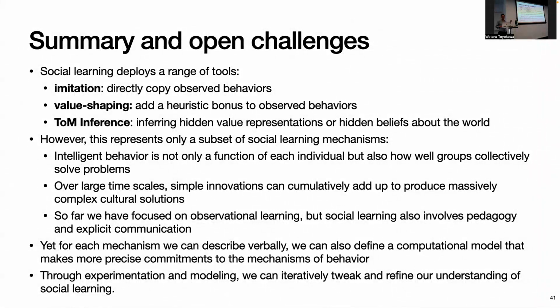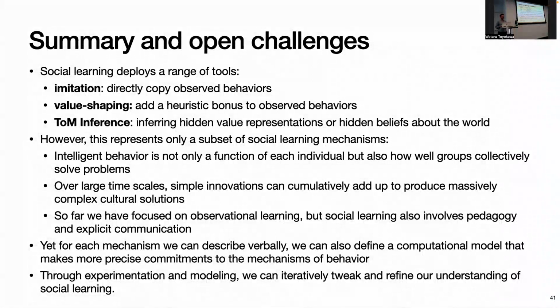Yet for each of these mechanisms that we can describe verbally, that I'm doing right now, we can also define a computational model that captures them. And these computational models provide more precise commitments to the mechanisms of behavior that we're really trying to assume. And so this is the real advantage of modeling, right? We're taking vague verbal theories and defining them as concrete mechanisms that we can then test and compare.